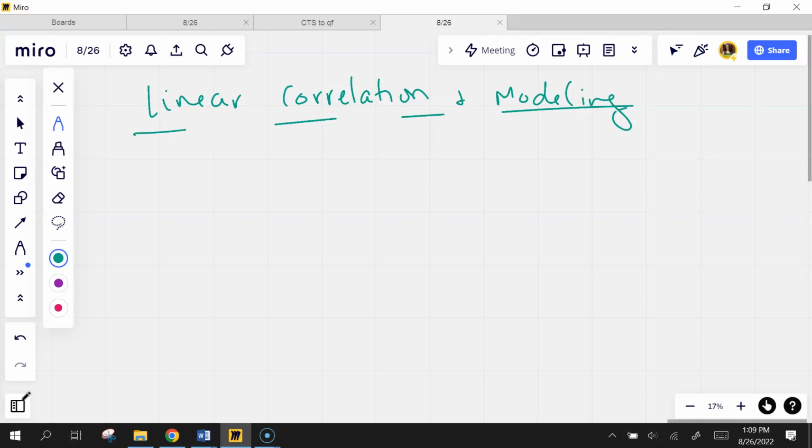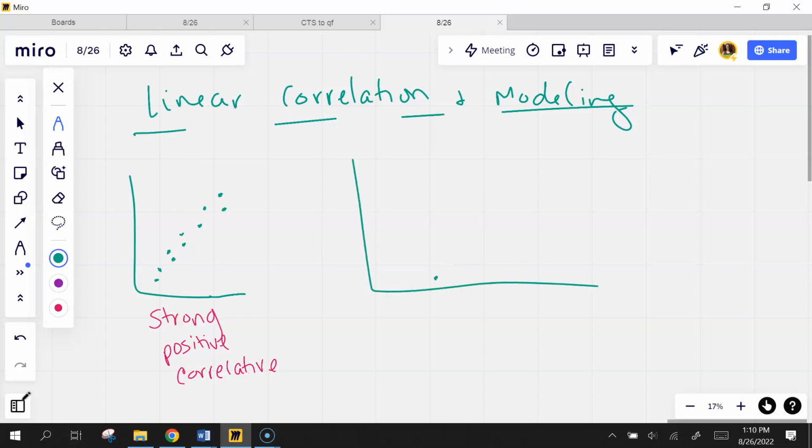So if we have something that looks like this, that really looks like a line, right? You agree? This is what we would call strong positive correlation. The positive is referring to the slope, because it's going up. So that looks like it has pretty strong positive correlation.